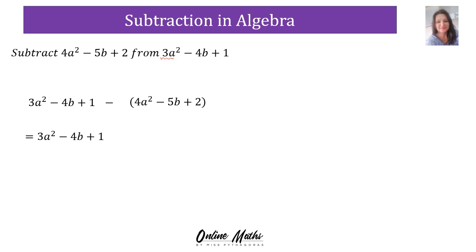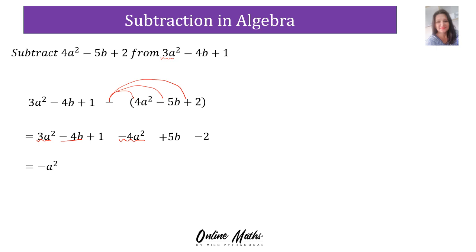Now you're going to multiply this minus into all three terms. Therefore, it becomes negative 4a squared plus 5b minus 2. And now you add like terms. 3a squared minus 4a squared is negative a squared.